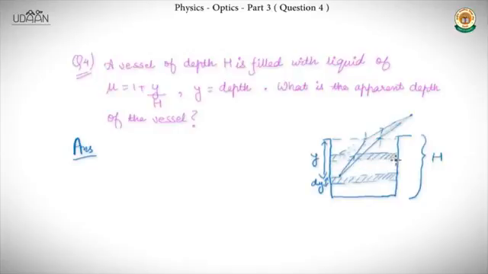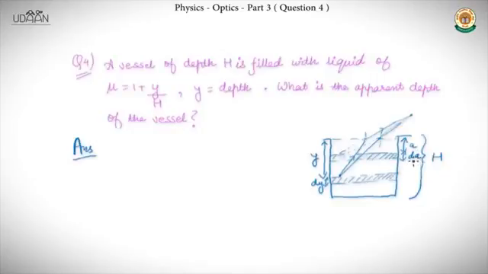Now see, due to the difference of the refractive indices, we get the depth of the element different for different cases. So for the taken length, let's say its apparent depth is A and its apparent width is dA. So in this case, the apparent depth A differs and the apparent width of the element also differs.